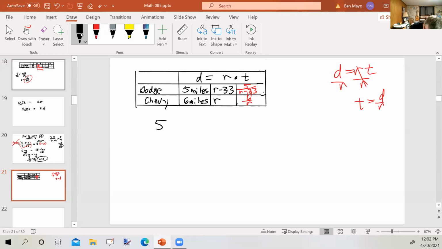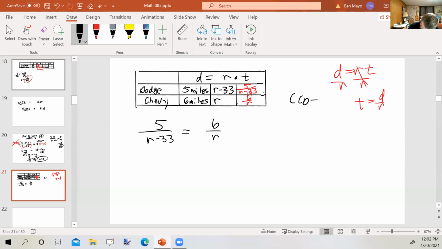We know that 5 divided by R minus 33 equals 6 over R. Since the times are equal, now we've got an equation with just one variable. So do you see how we use the fact that the times were equal to set up this equation? Yes. All right, so let's solve this equation.